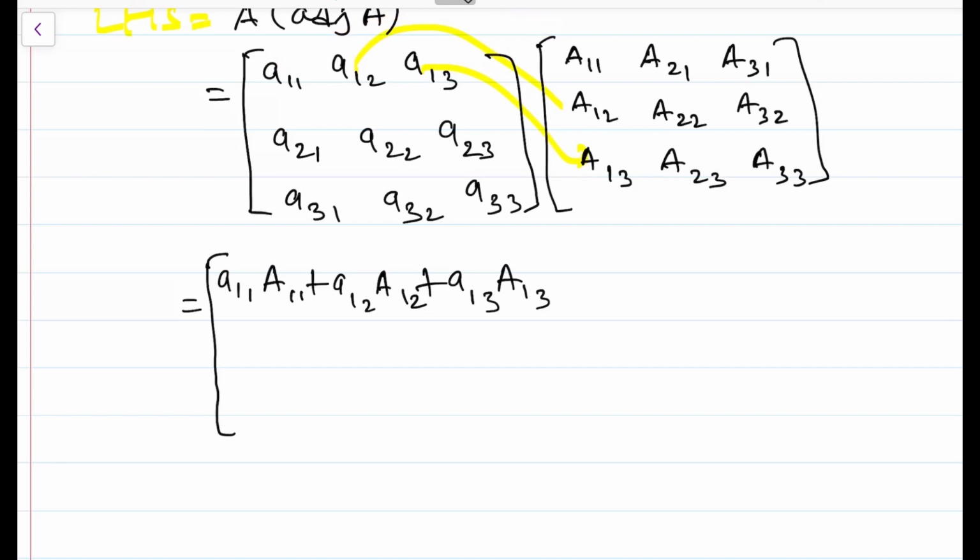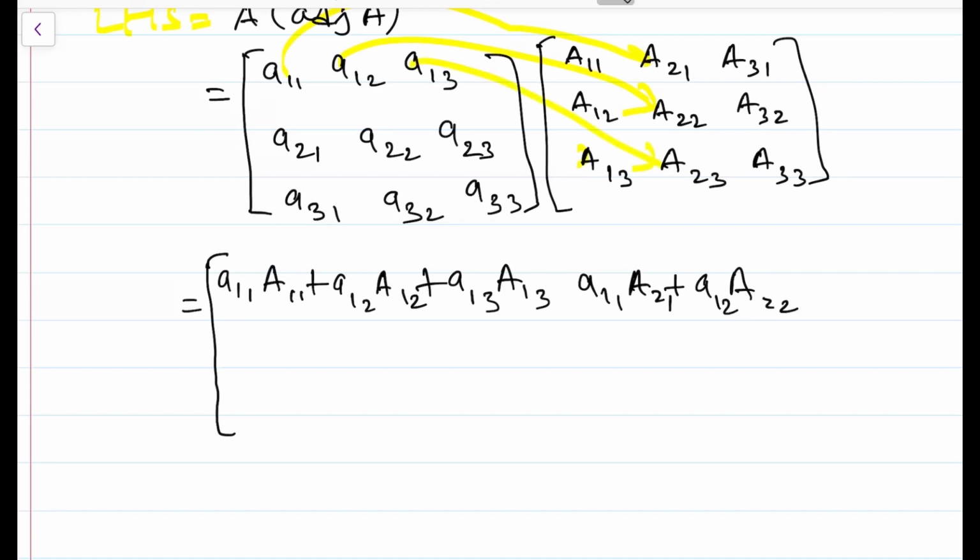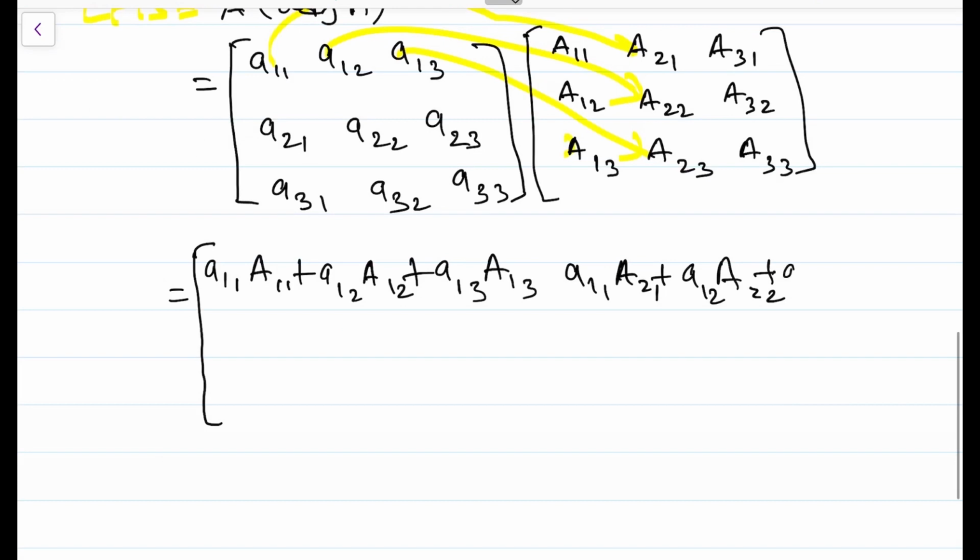Now the second element of the first row will be equal to a11 into A21 plus a12 into A22 plus a13 into A23.